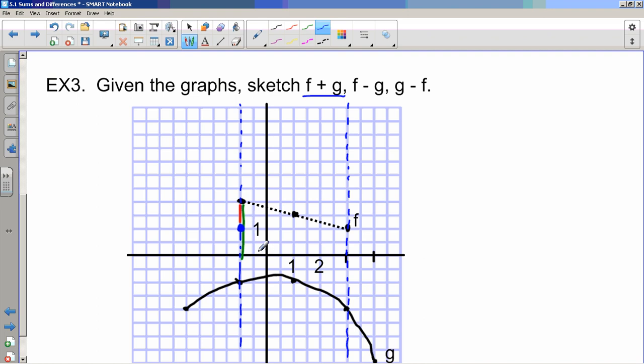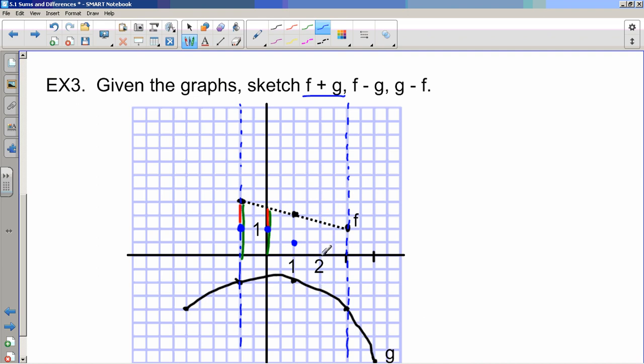And similarly, I'm going to skip to the next nice point. I got green plus red. That's a minus. Green plus red is right around there somewhere. And I keep doing this. Green plus red is going to be here. And I'm just doing a few. Green plus red. Those are about even, right? You see that?